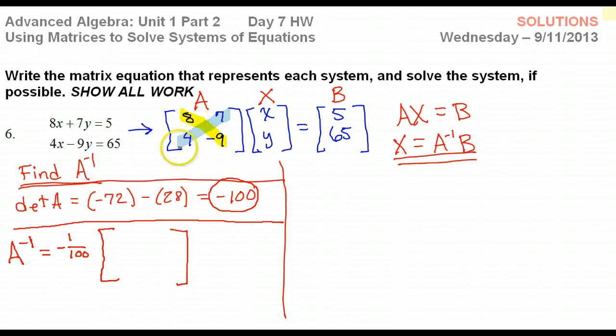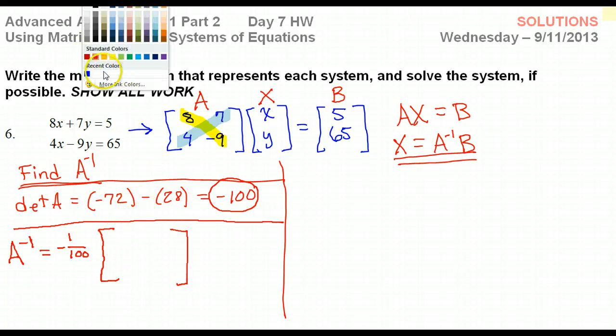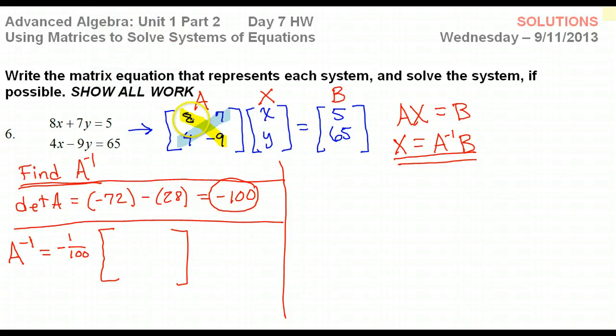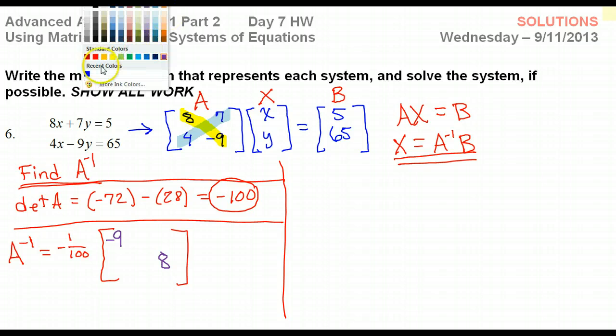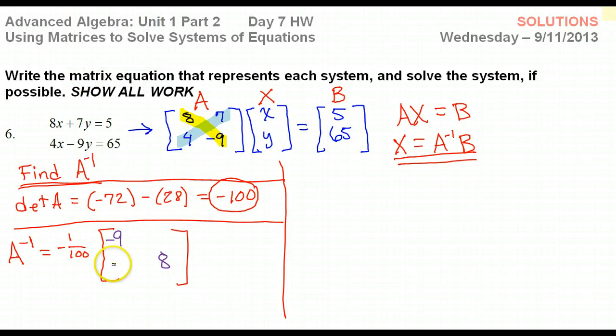That's why I say reverse negate, because it reminds me of the cha-cha slide. So when I reverse the down diagonal, that'll be negative 9 and 8. If I negate the up diagonal, then this will become negative 4 and negative 7. So this is A inverse.